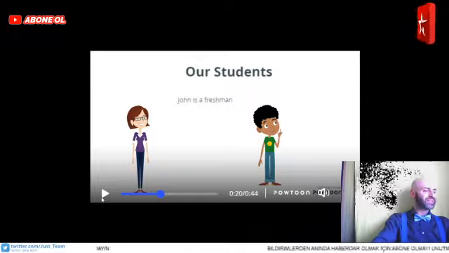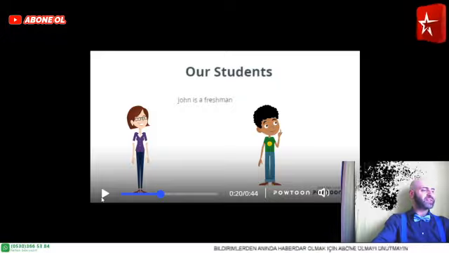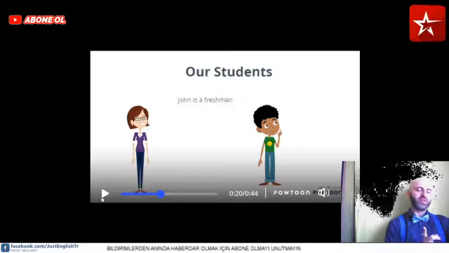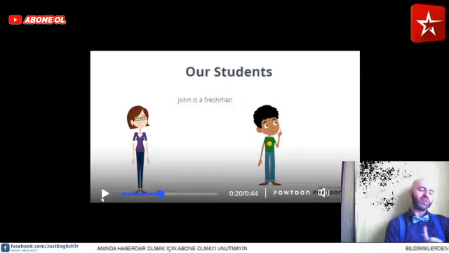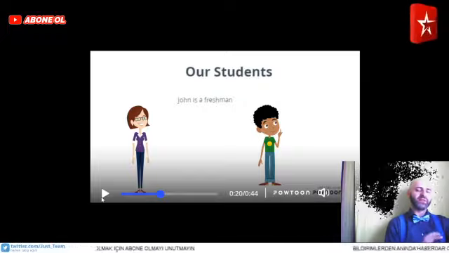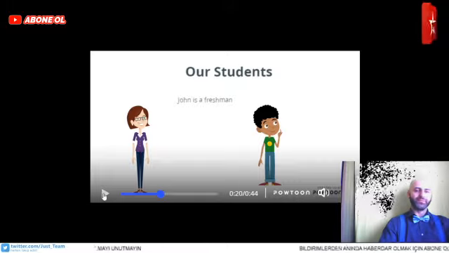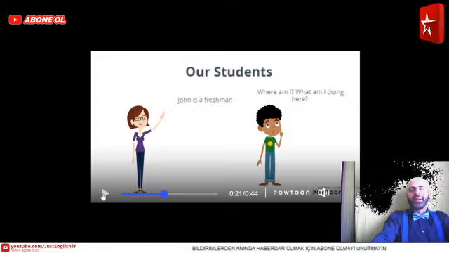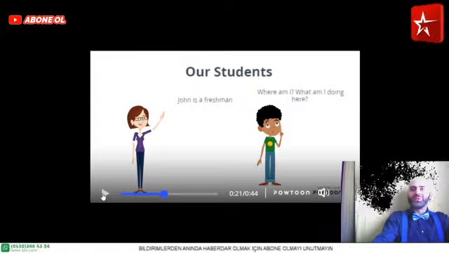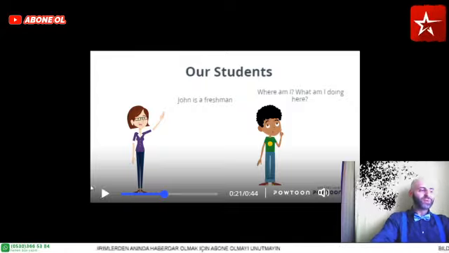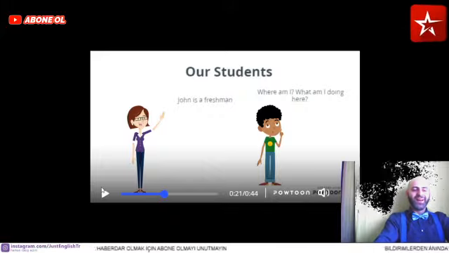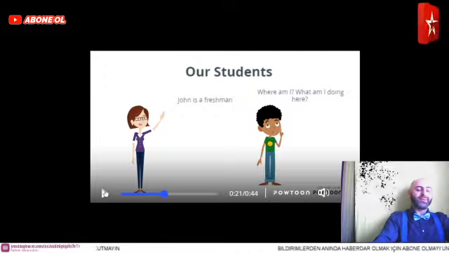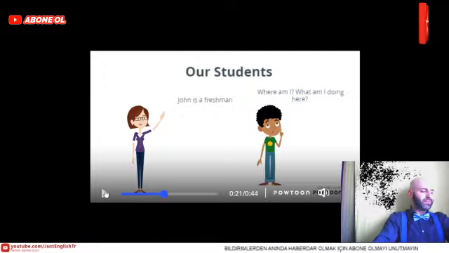Can you please write what it means? First year student at school. Very good. We use freshman for university and also for high school. A first year student is called a freshman. And John says, where am I? What am I doing here? Why am I here? Usually freshmen have a lot of questions in their minds when they go to university.